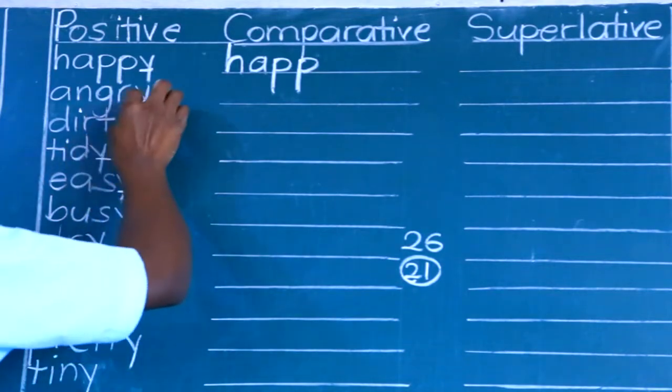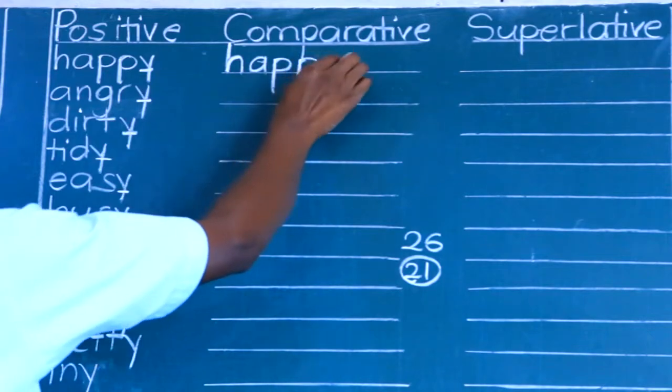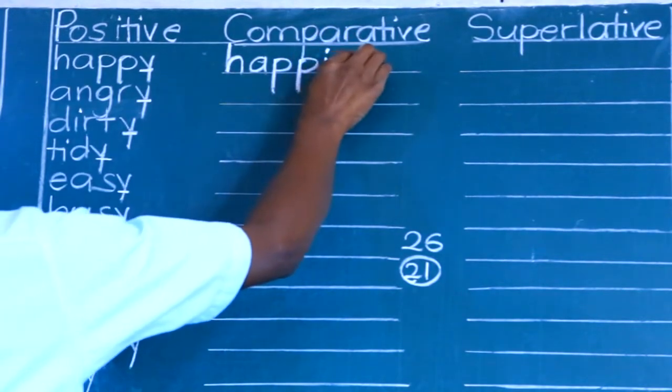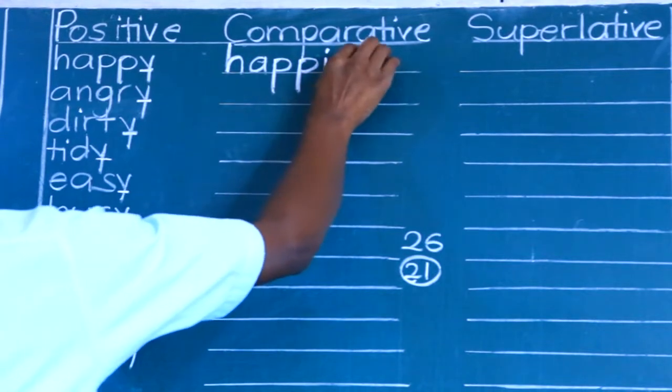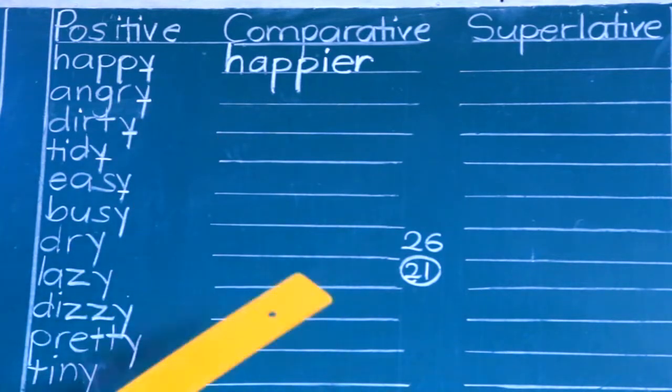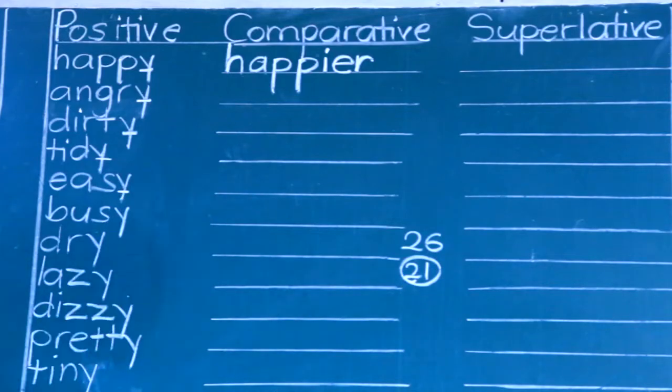After throwing it away, what are we going to do? Replace it with I, as guided by the teacher, E, and R. Finally, you have formed the comparative of happy, and that is happier.